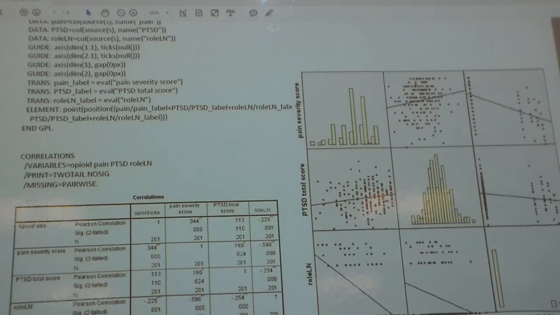With this scale, for any possible replication that could ever be done with the role functioning scale of the SF36, there are only 5 values that people can take. What we've done is systematically make sure we have representation for every single one of those values. That would be a fixed variable approach if it was one of our predictors. But we don't do that.